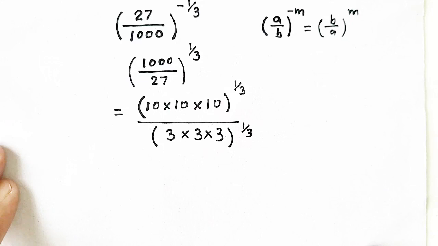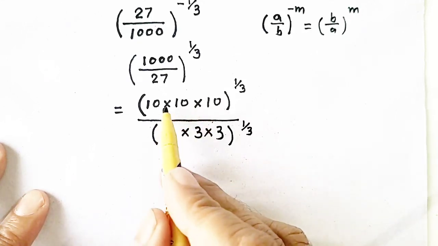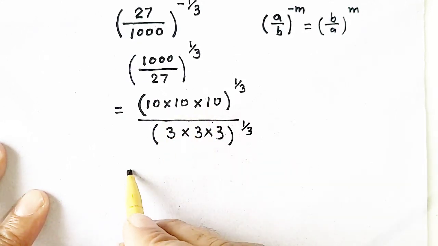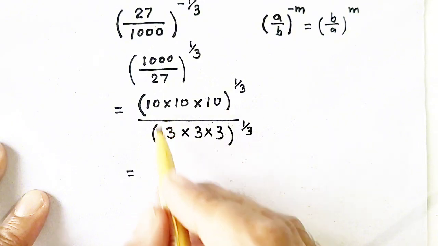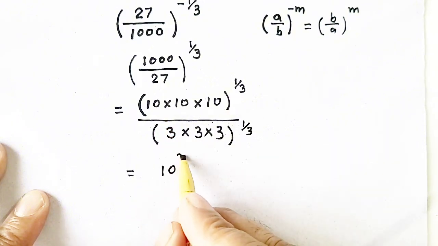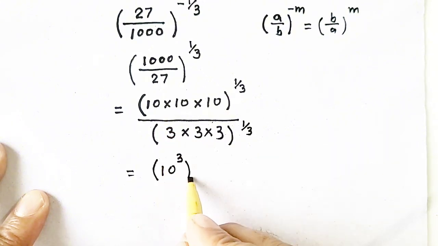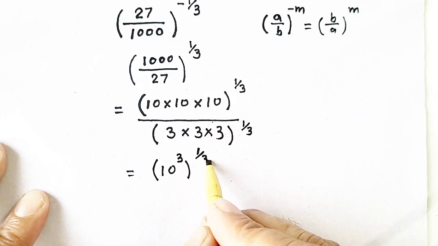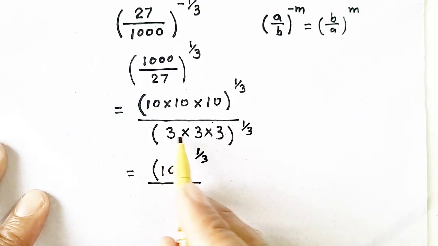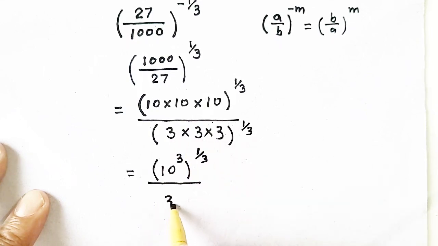Now again, we have to write this in the form of powers. So we will get 10 raised to the power 3, and it has already the power 1 by 3, divided by 3 raised to the power 3, and it has already the power 1 by 3.